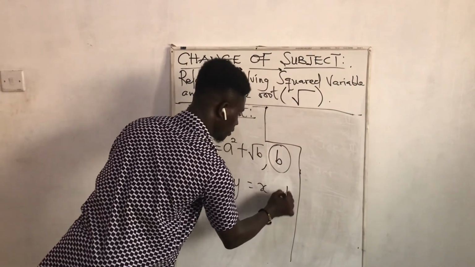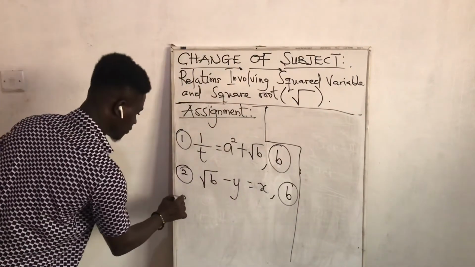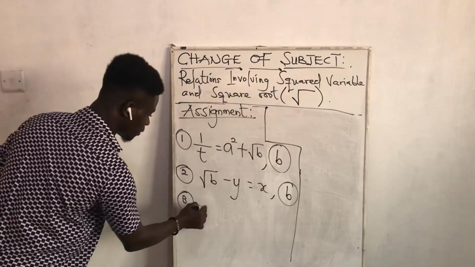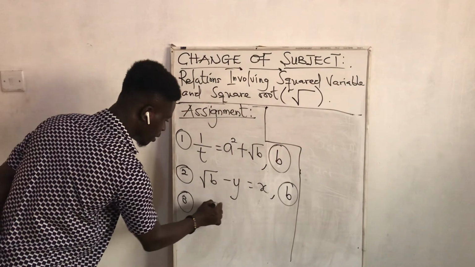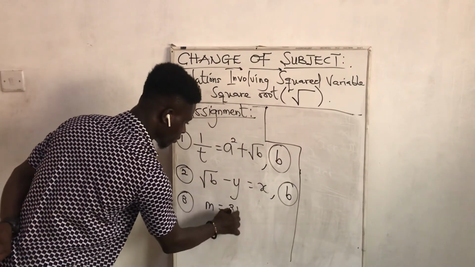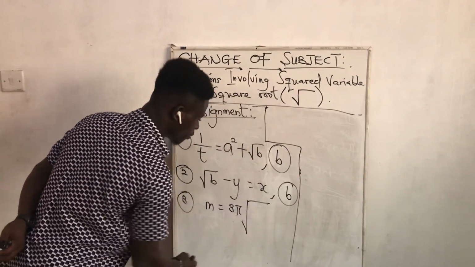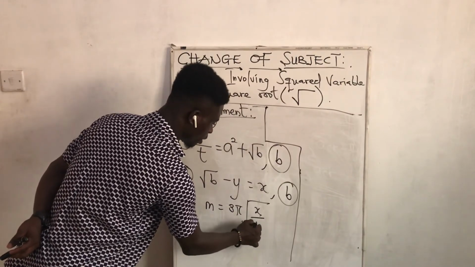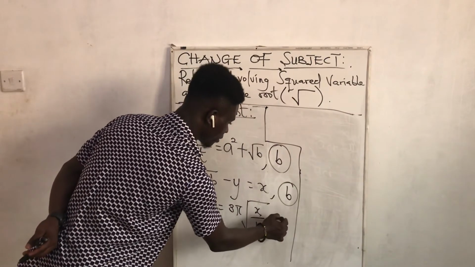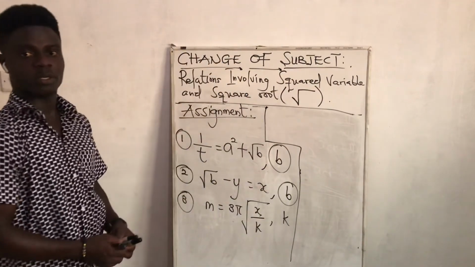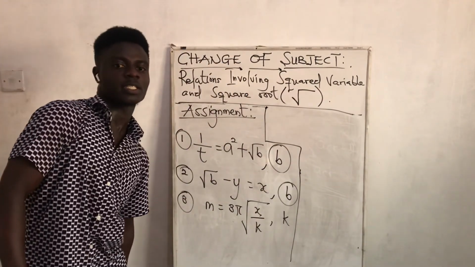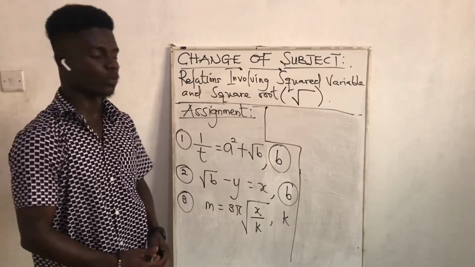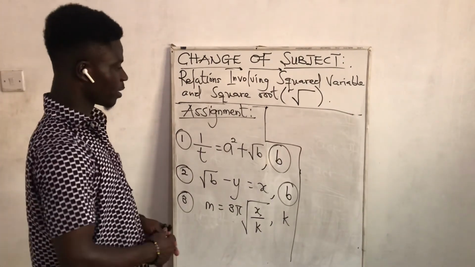Then I have m equals 3 pi all on square root of x on k. So we are to make k the subject of this relation. So we have 3 questions.